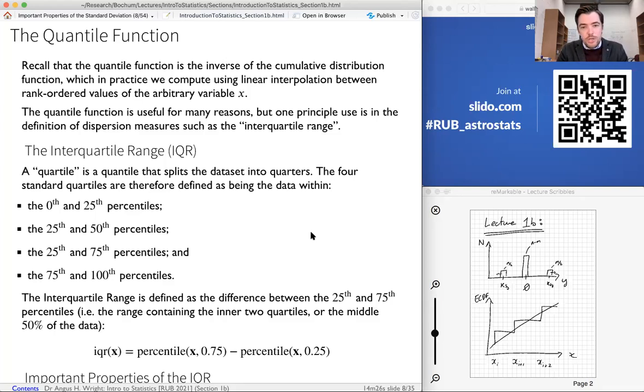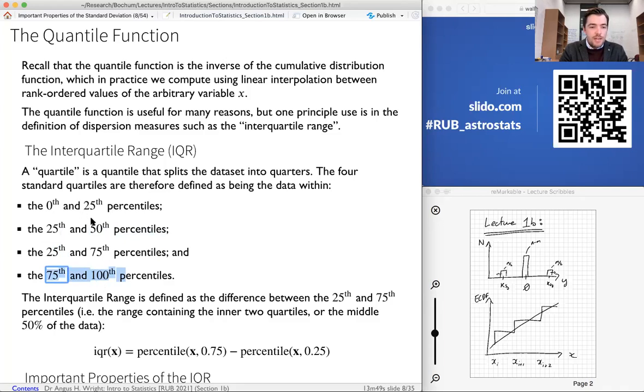Now, one of the things we didn't mention was one of the uses of the quantile function is the definition of what's called the interquartile range. The quartile, as the name suggests, is a quantile that splits the data into quarters, and hence quartile. The four standard quartiles that we have when we discuss data are the 0 to 25th percentile, the 25th to 50th percentile, the 50th percentile, you'll recall, is the median, the 50th to 75th percentile, and the 75th percentile to the 100th percentile.